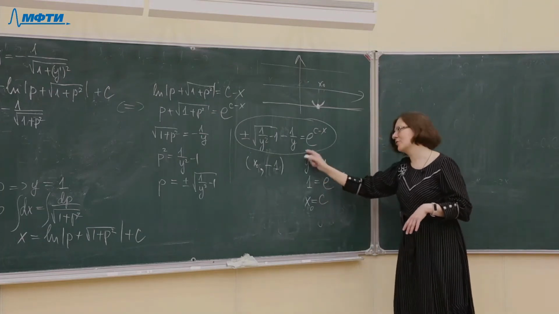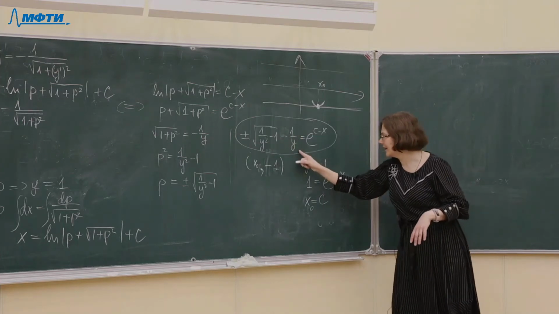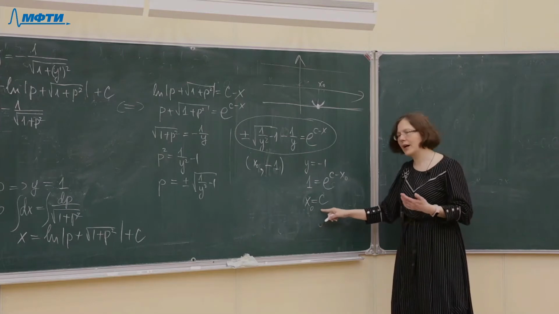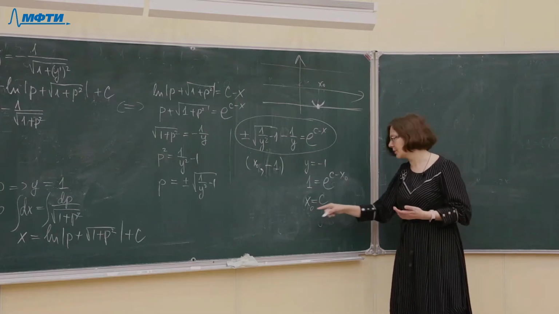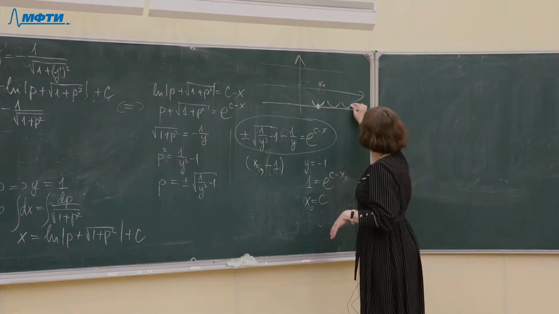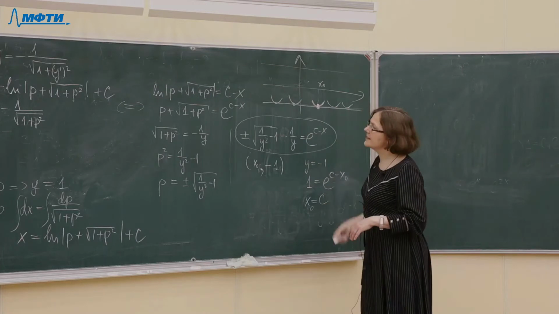But this is, of course, the case, right? Because if we substitute -1 here, we will get this equation, and we are able to find the constant, which is equal to x0. So this means that this is a singular solution.